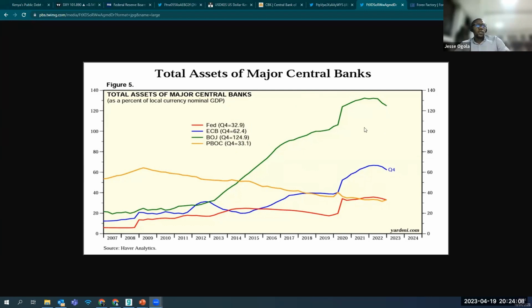You see, one thing is quite familiar. Throughout 2020, all of them had a significant rise, albeit, of course, the Bank of Japan being the highest in terms of total liability or balance sheet compared to their gross domestic product.